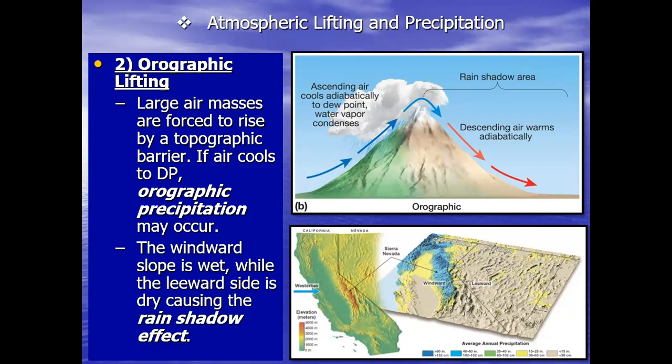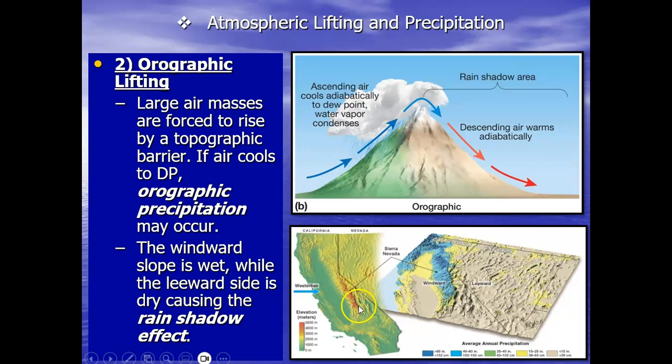We talked also in the adiabatic processes video about how it depends what side that air is coming in. When it reaches that mountain range, one side will receive the precipitation, but the other side, or the leeward side, this here's the windward side, but the leeward side is going to be dry. And that gives us a rain shadow effect, where we have more desert-like conditions on the leeward side of mountain ranges.